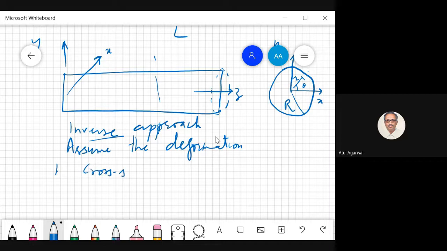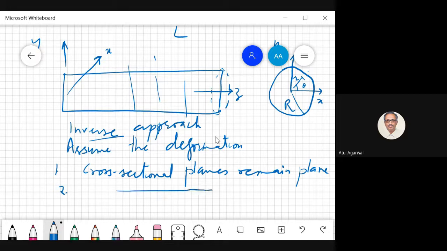So what are the assumptions? Cross-sectional planes remain plane. During deformation, these planes do not warp, they stay flat. Then they undergo rigid rotation.